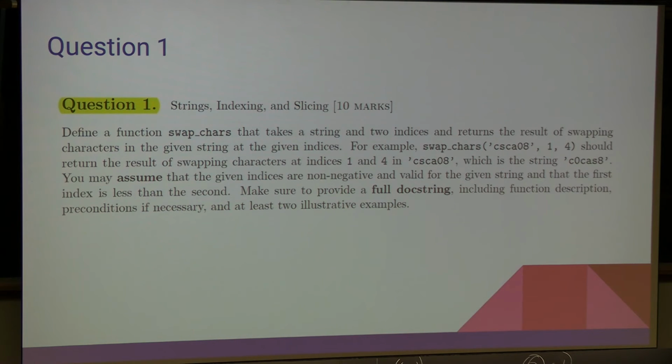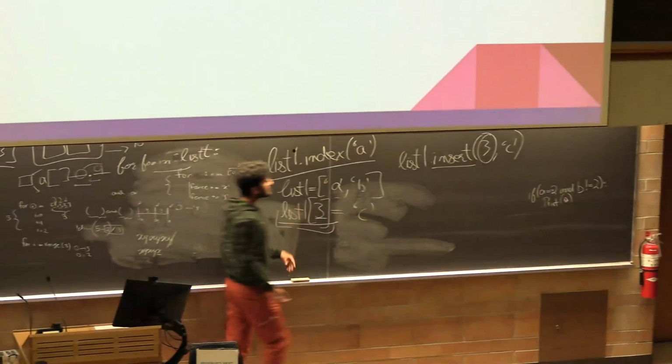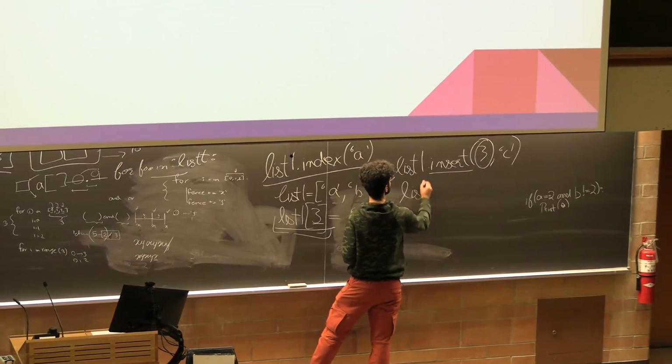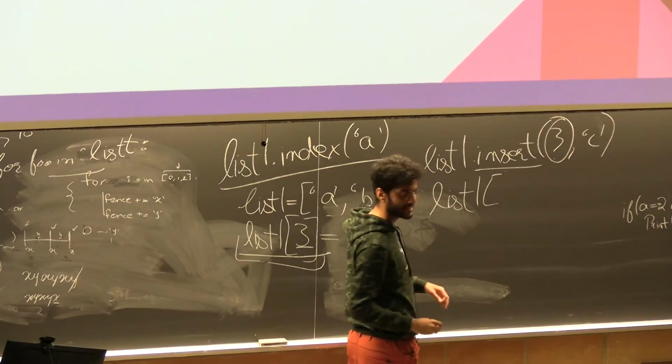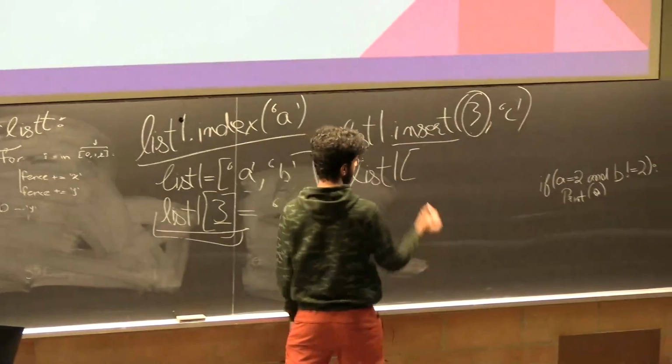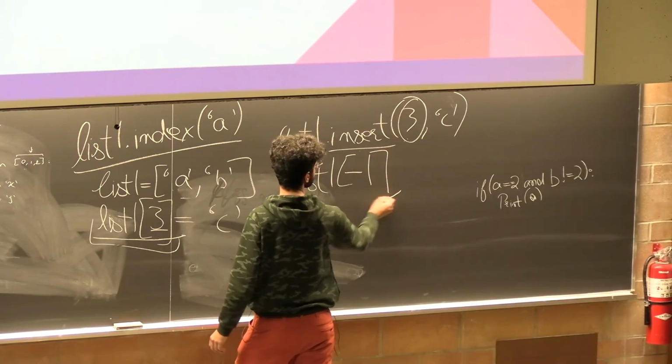Yes? When it says the indices are non-negative, what does that mean? Okay, let me come back to this. If I have list 1 at -1, what will this give me?